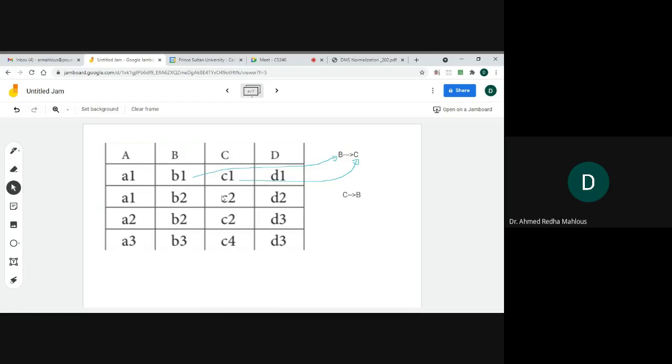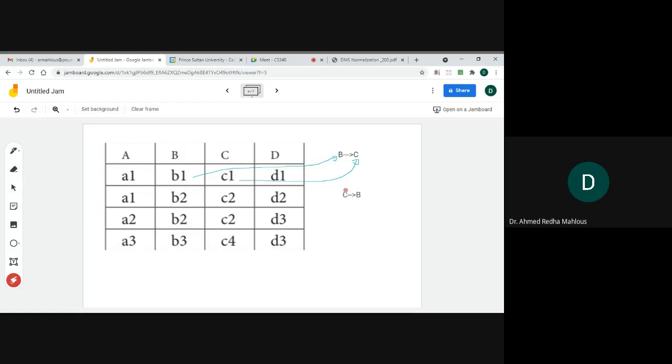Let's have a look at C2 now. Here I do have C2. The first C2, which corresponds to this C, will give me B2, which is on the other side. What about the second C2? C2 gives me also B2. That means it is correct.